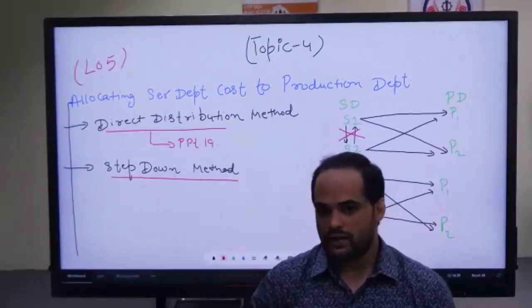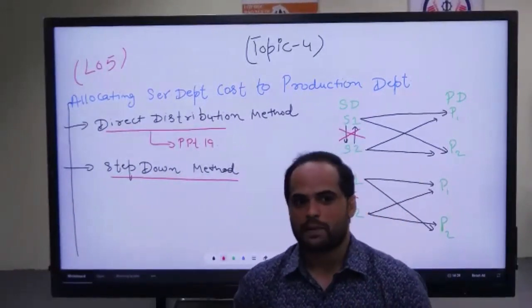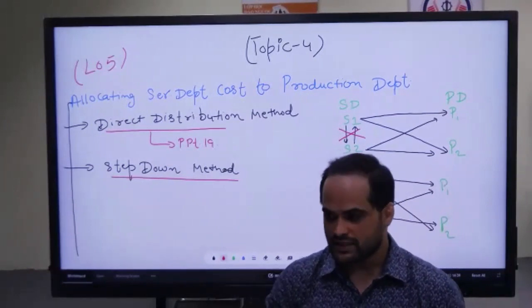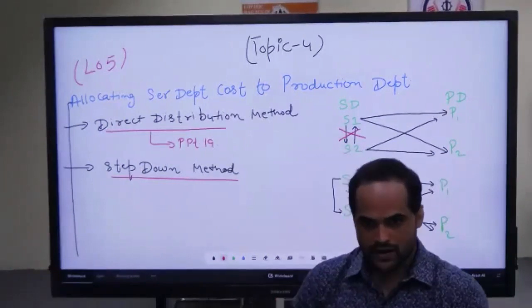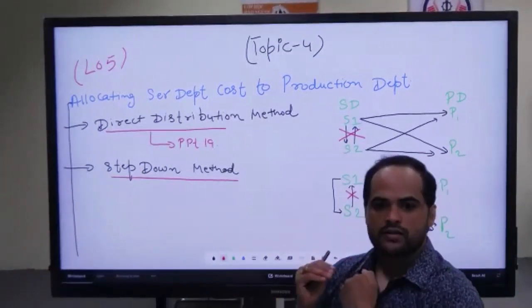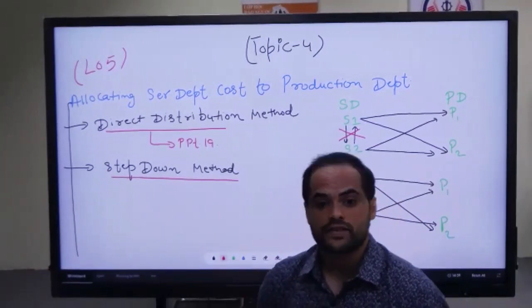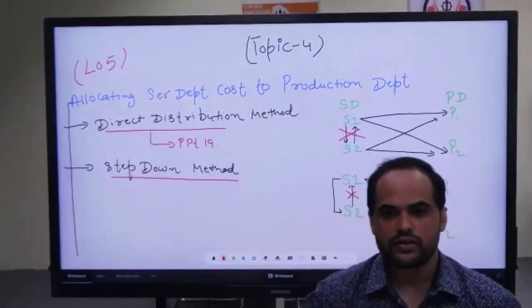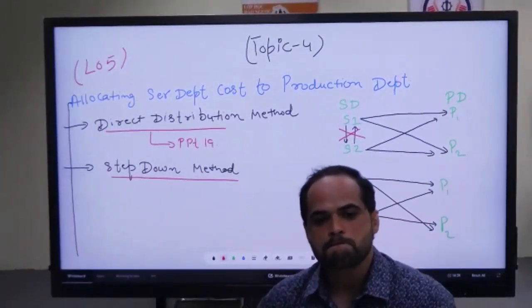But if I give you any question, you don't have to worry. You just simply apply this method, and the condition or requirement for this method is service to production, and one service to another service, but the service department is not taking service from another service department. So did you get the answer to your question? Did you understand that?